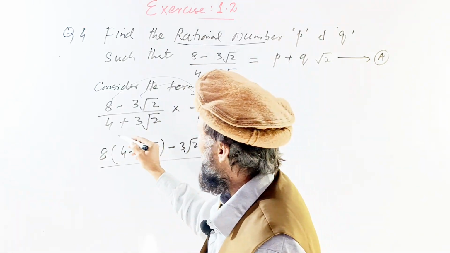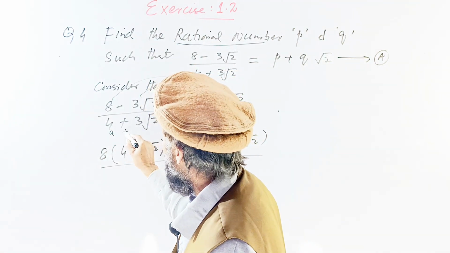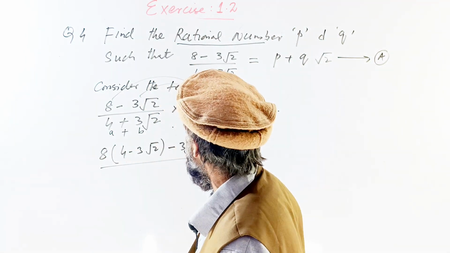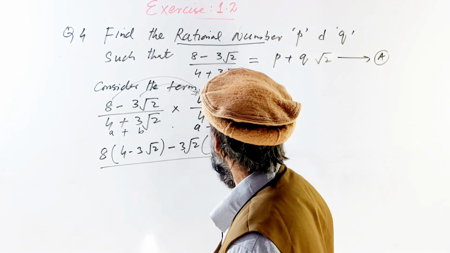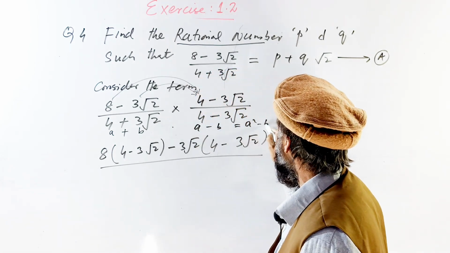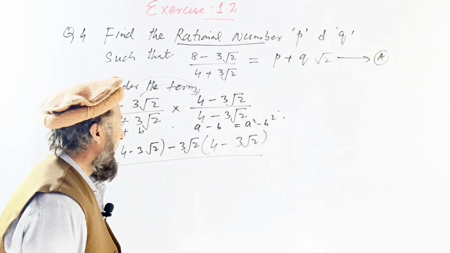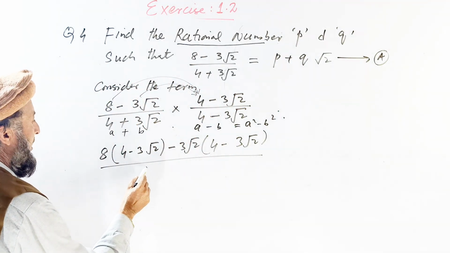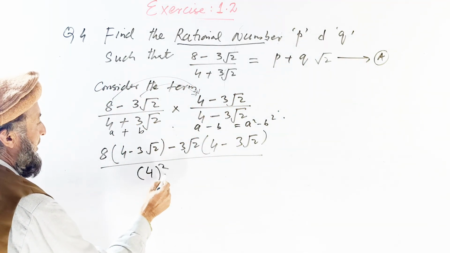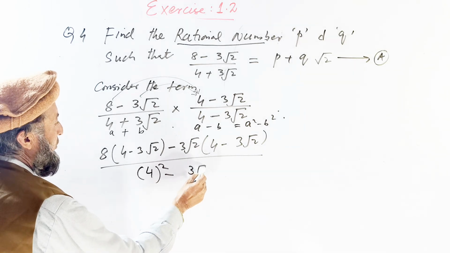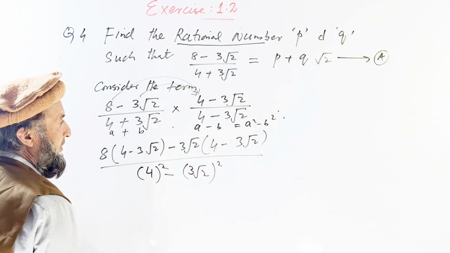And in the denominator we are using the formula a plus b into a minus b is equal to a square minus b square. According to this formula, we can write 4 square minus 3 under the root 2 whole square.